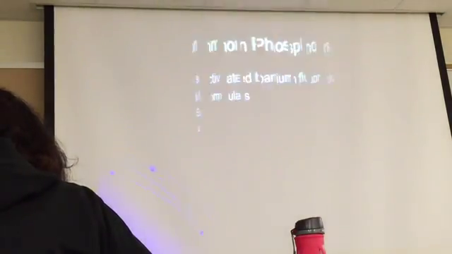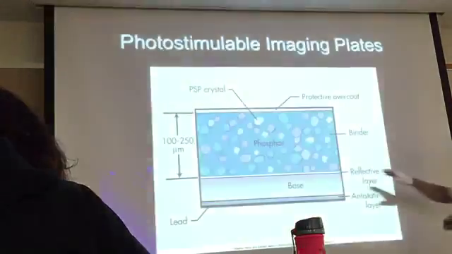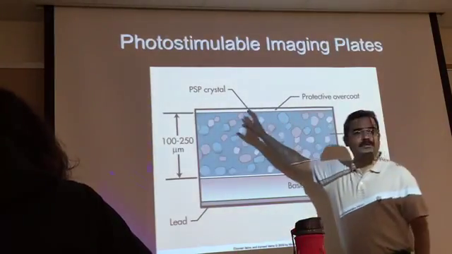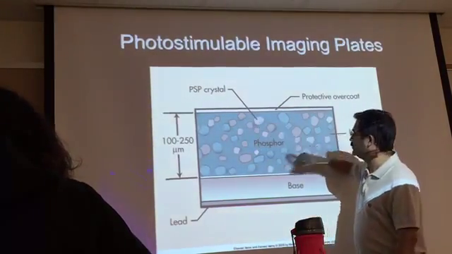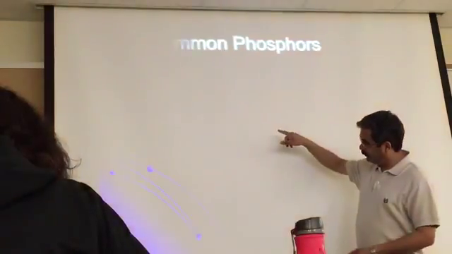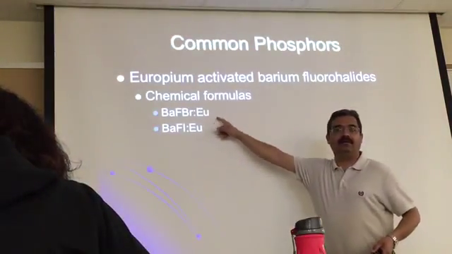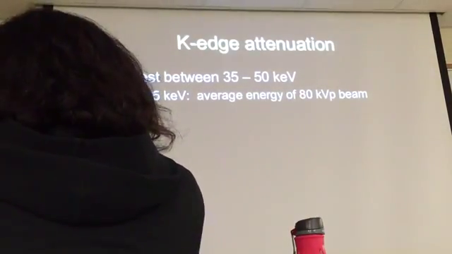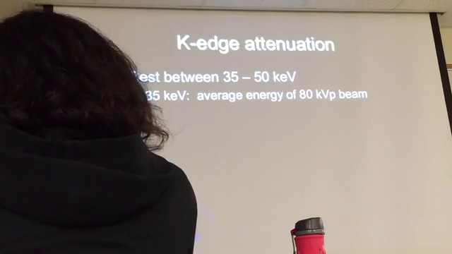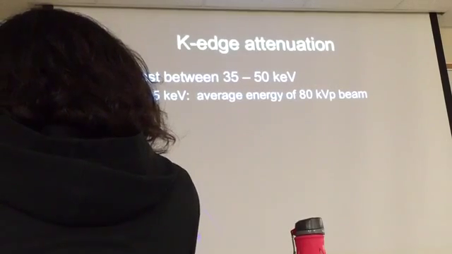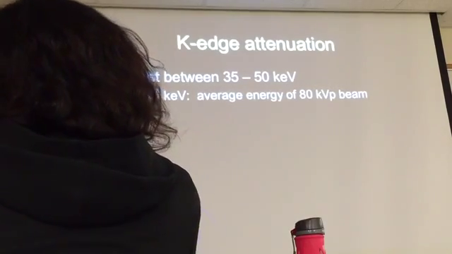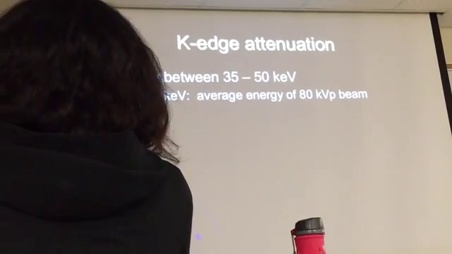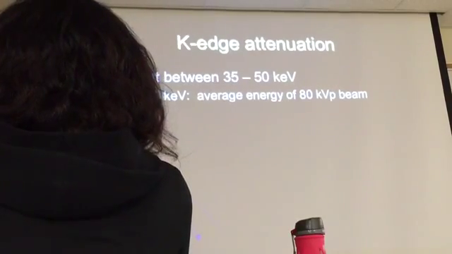So when we talk about the phosphors, the PSP crystals, the PSP phosphors, these are the compounds. The attenuation of these compounds is something we also talked about when we looked at the screens.